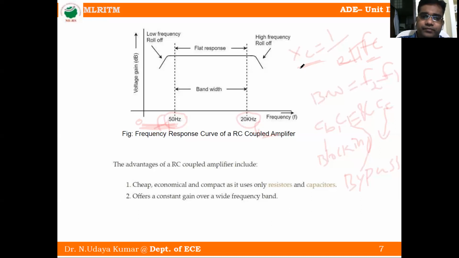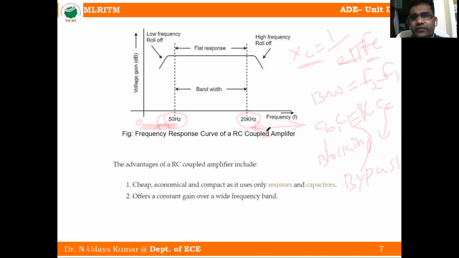Similarly, above 20 kilohertz, here also gain is rolled off or decreases, because here the reactance of capacitance is very low. Because the reactance of capacitance is very low, some loading effect occurs at the output side.